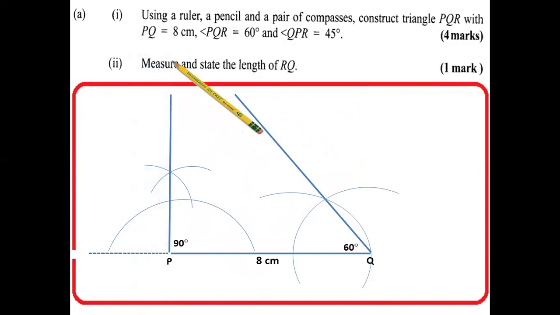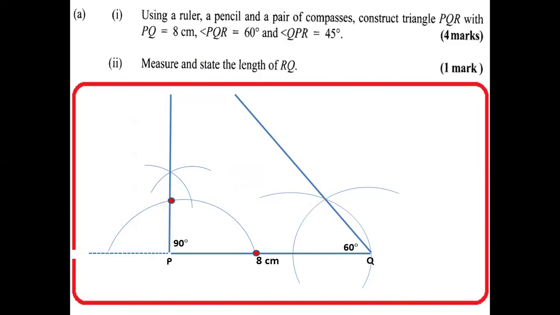Now, 90 is not what we need. Remember, we need QPR to be 45. What we're going to do now is use these 2 points. We need a common arc to bisect 90 into 2. So we can get the 45 degrees. So we're going to use this point, and we're going to use that point right there. So these points are points from a common arc.